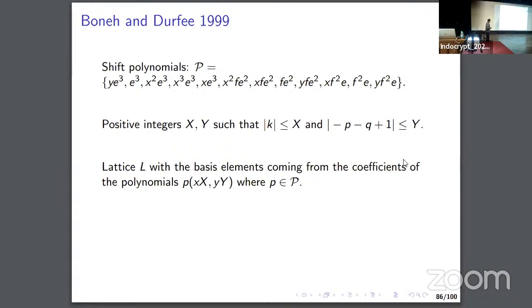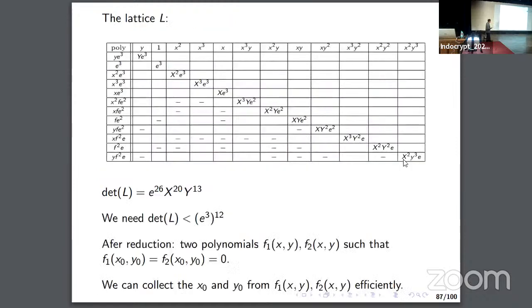So if you consider this polynomial, and if the bound of k is capital X and the bound of y is Y, and normally we take Y around n to the power half, and construct the lattice, then finally your lattice will be something like this. The determinant will be something like this. And what is our rule of thumb? Determinant of L to the power 1/12, since perhaps there are 12 vectors, and everything is modulo e cubed.